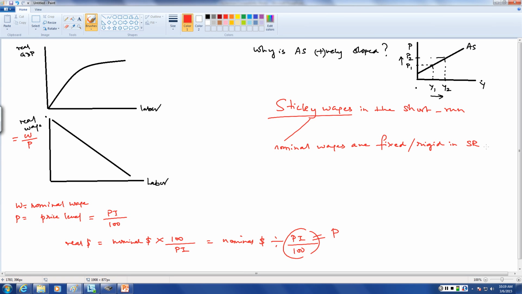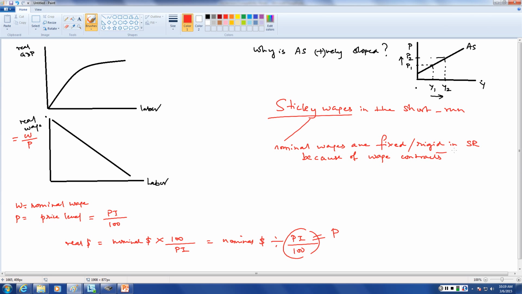Why? Because of wage contracts. You see, at the beginning of any time period, the employer and the employee sign a contract. Am I correct? And for the duration of that contract, the nominal wage of the worker is fixed.